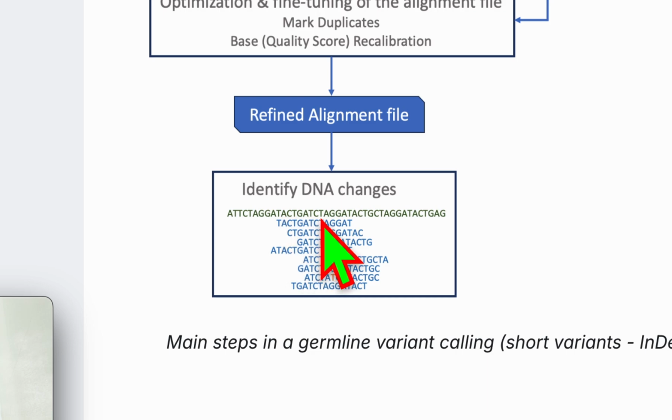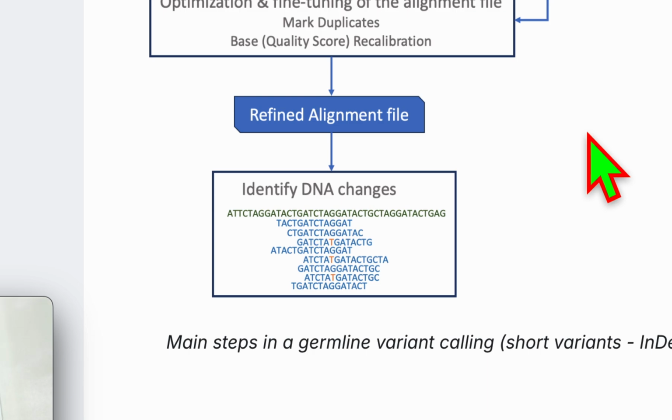We know an alignment file contains the reference sequence and the reads that are mapped to the reference sequence. When we go through these alignment files, we can see that certain bases do not match to the reference base. So these differences are the variants.